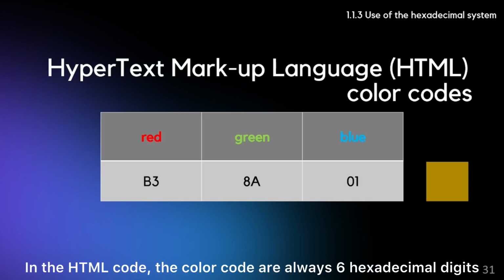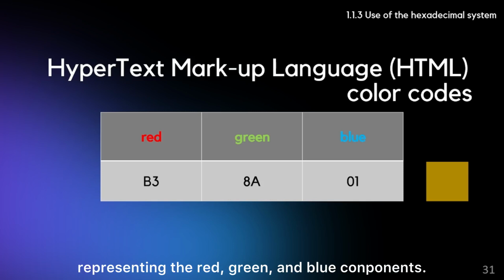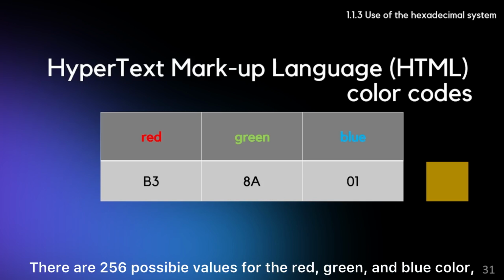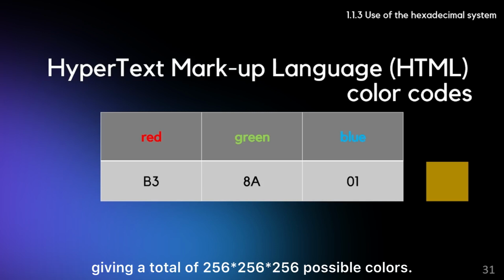In the HTML code, the color codes are always 6 hexadecimal digits representing the red, green, and blue components. There are 256 possible values for each of the red, green, and blue colors, giving a total of 256 times 256 times 256 possible colors.